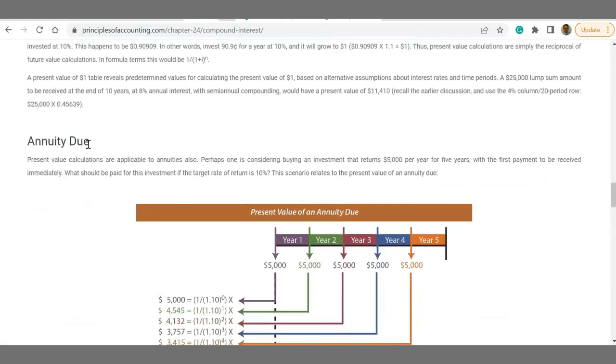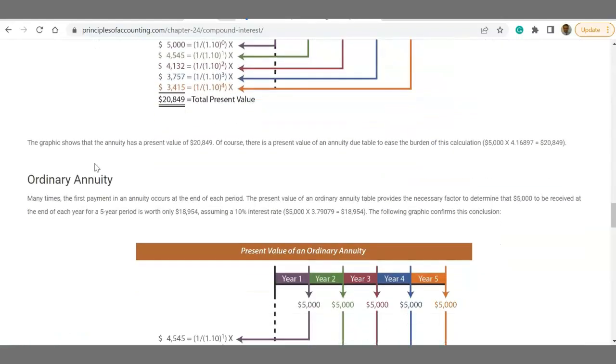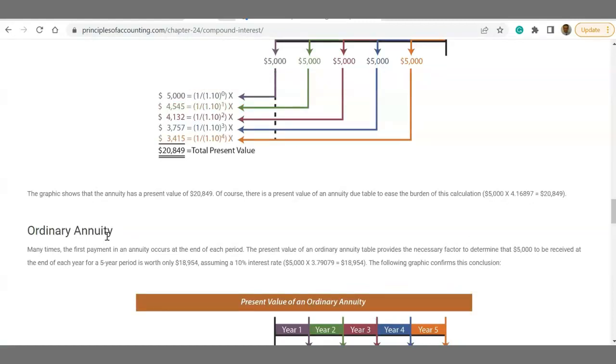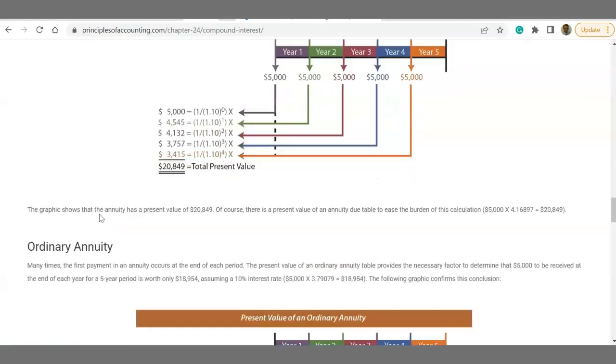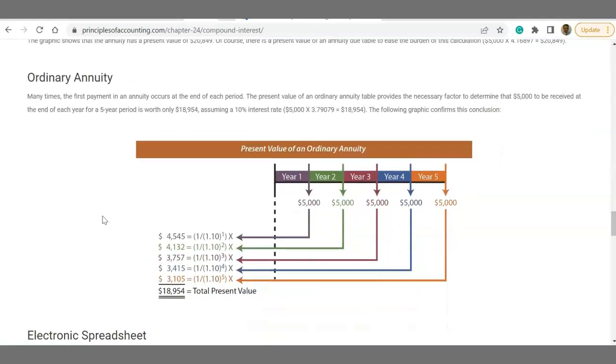But if you look at the present value of a series of payments, then you have to look at the proper table. Is it present value of annuity due, which is a series of payments with the first payment due now, today? Or if the payments come at the end of each period, that's ordinary annuity. Again, present value of ordinary annuity table. So those are different tables that you have to be careful to look at properly.